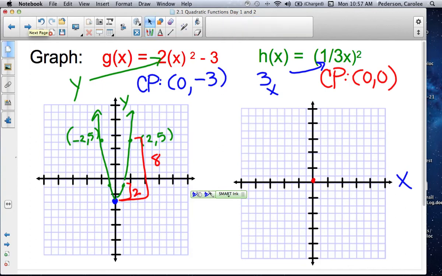In this case, let's graph that parent function quickly again so you can see the difference. Normally it'd be 0, 0, 1, 1, 2, 4, negative 1, 1, negative 2, 4. So here's 2, 4 and 1, 1. What will happen is all of my x values are going to multiply by 3.